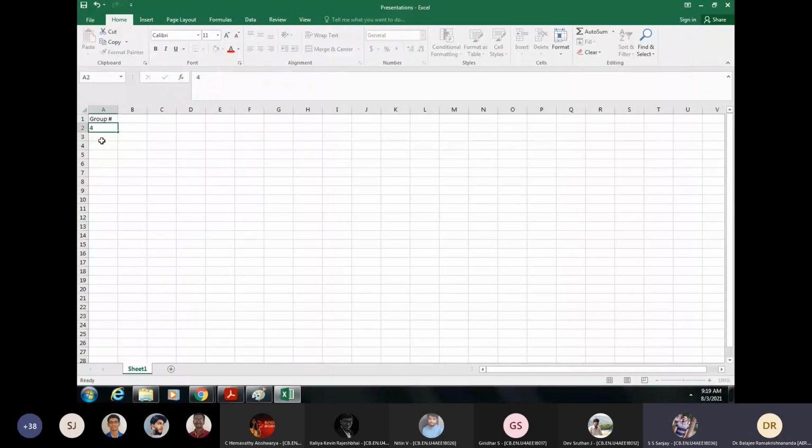Then group 6, group 9, group 11, group 14. I don't think we can accommodate more groups there. Yes, 5, sir. Groups is more than that. So these groups, please be ready tomorrow.